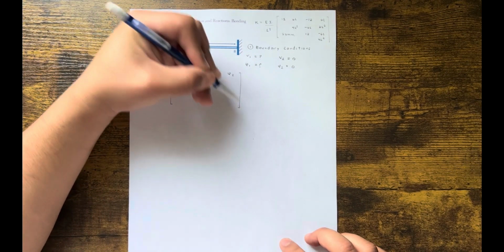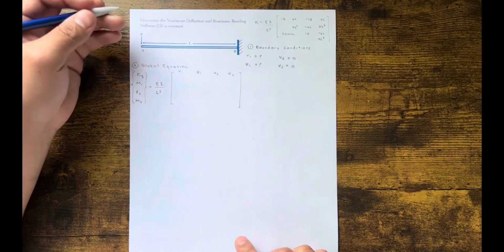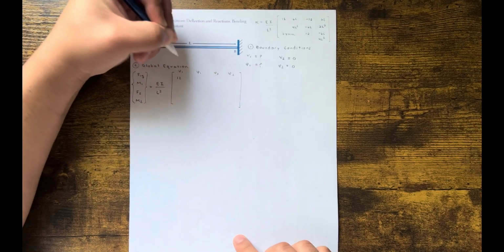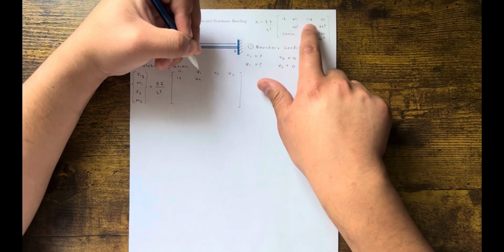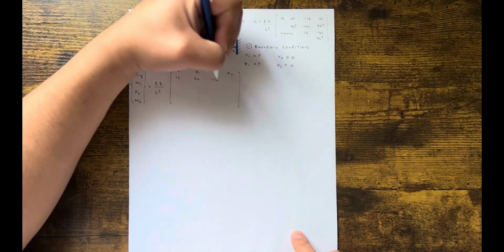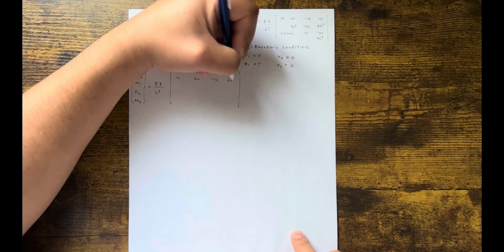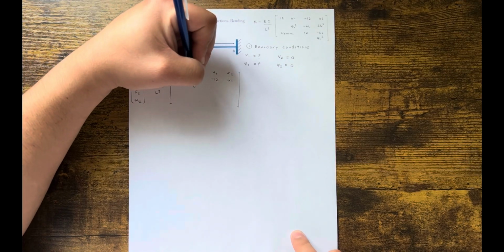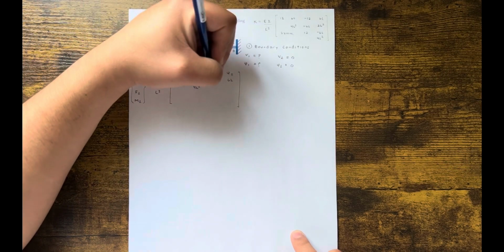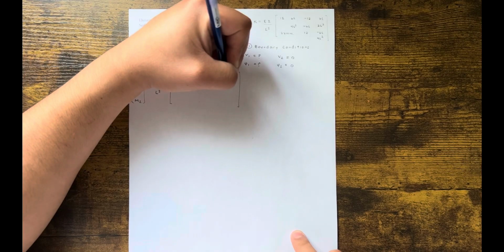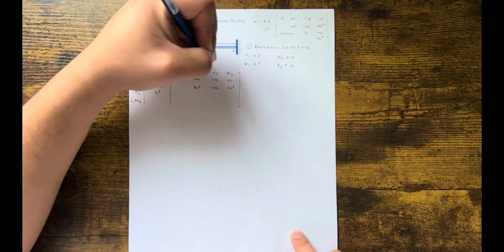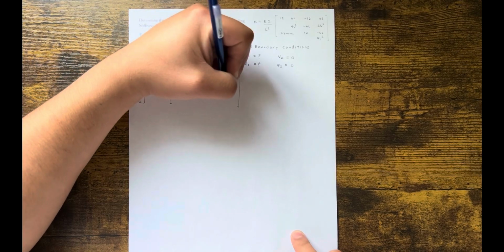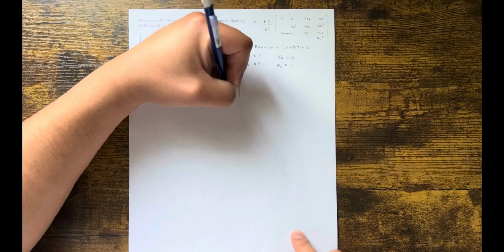Let's go ahead and finish off this matrix. 12, 6L, right? I'm just copying this. Minus 12, 6L. And if I'm in the way, I'm sorry, I already can't see my phone, but you'll check it out right now. Minus 6L, 2L squared. 12, minus 6L, 4L squared.